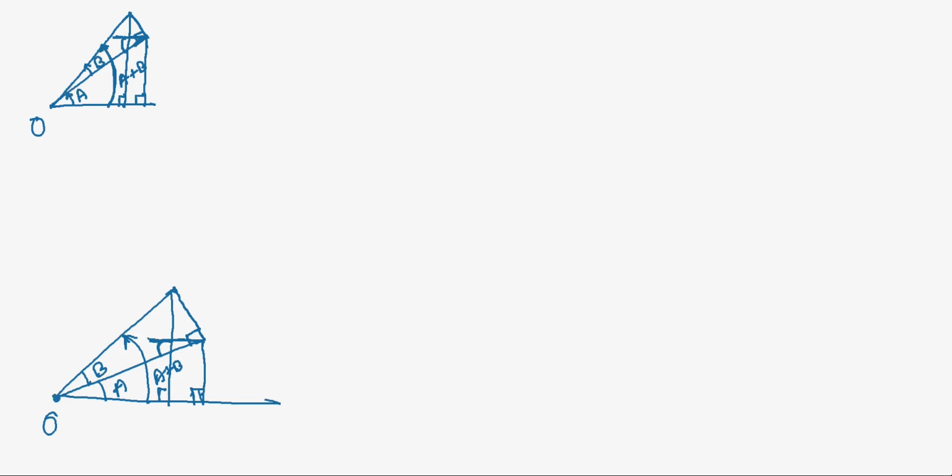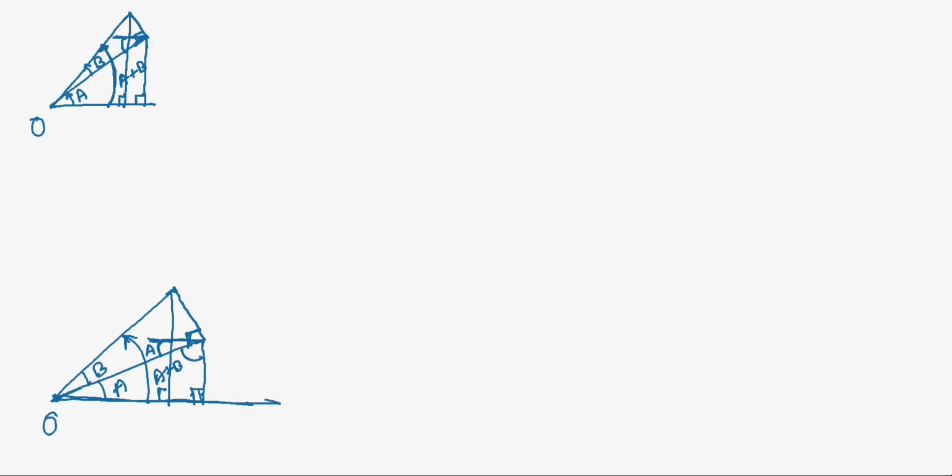This is a line parallel to the base. Do you get that? So it will be A. Very good. And if this is A, and this whole thing is a right angle triangle, then this will be our 90 minus A, right?